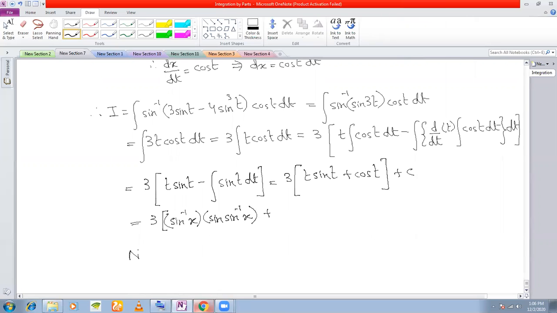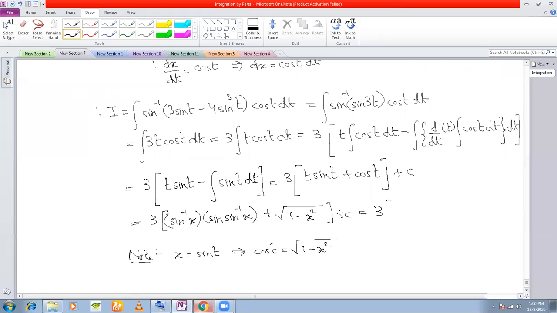Note here that if we have put x is equal to sine t, then cos t is root 1 minus x square. You put it here, plus root 1 minus x square plus c.